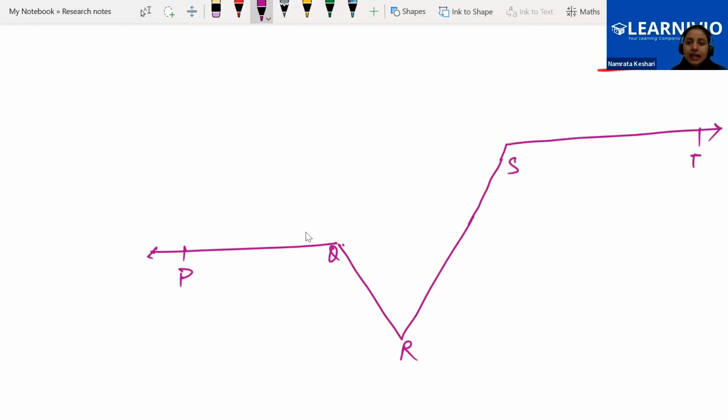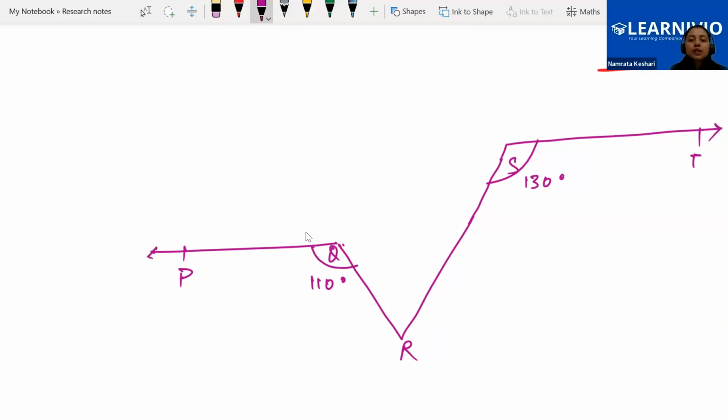This angle was given to us as 130 degrees, and this angle as 110, and it is clearly written in the question that PQ and ST are parallel. Even if we extend it, we do not get a transversal, and if we do not have a transversal, we cannot think about any angles.